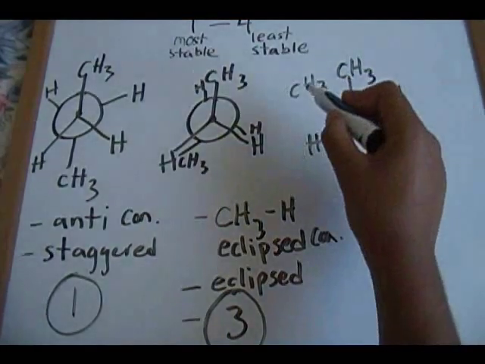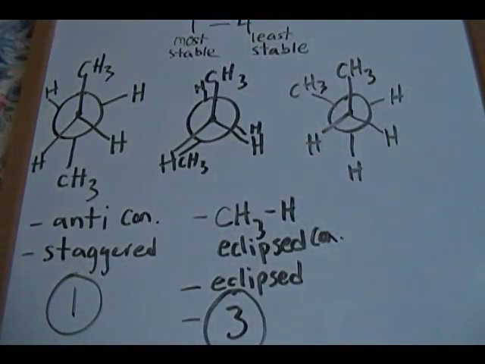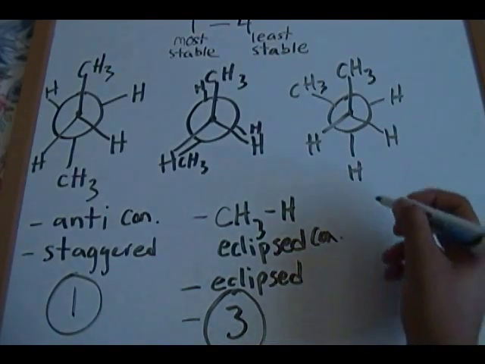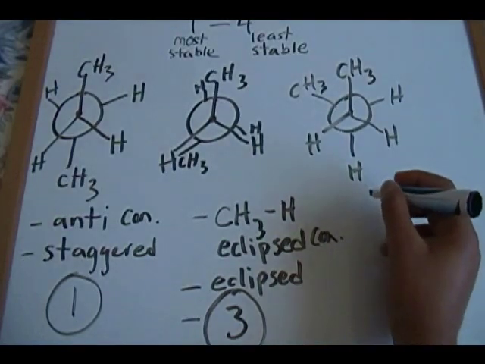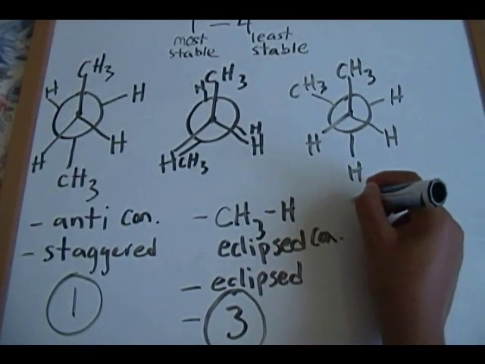But the only problem is that now these methyl groups are interacting with each other. They want to get away as far as possible, right? But you're forcing them in a position that they're uncomfortable, and this results in steric strain. This type of strain is the result of atomic radii getting too close to one another and interacting with each other. So this is called the Gauche conformation.